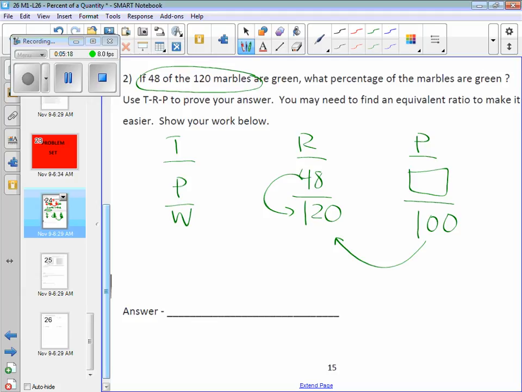Now look, you can do what Tristan did and said, okay, I know to get from here to here, it's times 1.2. You could do that. Then you got to figure out what number times 1.2 makes 48. Or you got to do 48 divided by 1.2 and it gets a little crazy. Figure the easier way. What's that easier way? Well, I took 48 over 100 and I made it 8 over 20.